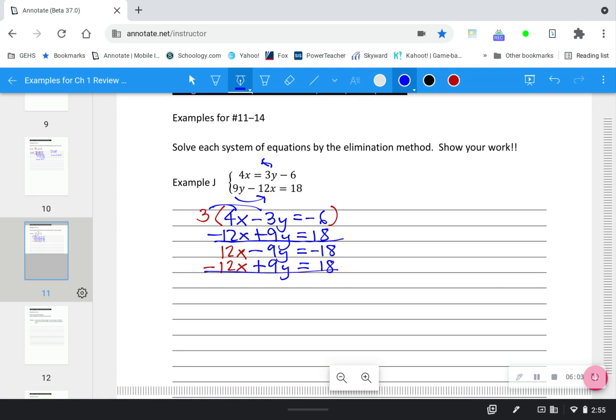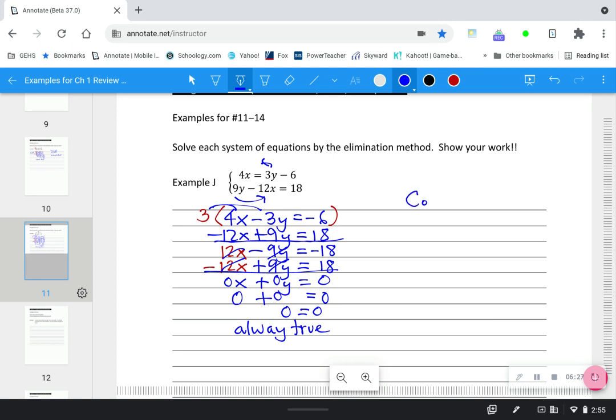And in this case, you get a 0x since those cancel, plus a 0y since those cancel, and these also cancel. So 0 times x is 0, 0 times y is 0, and you get 0 equals 0, which is always true. And that's a hallmark of coinciding lines.